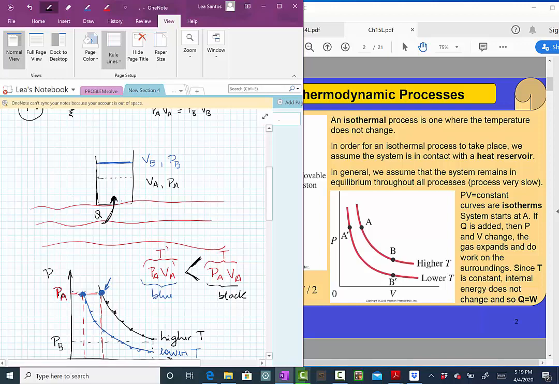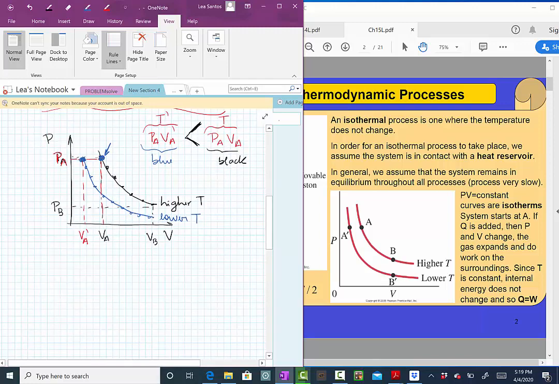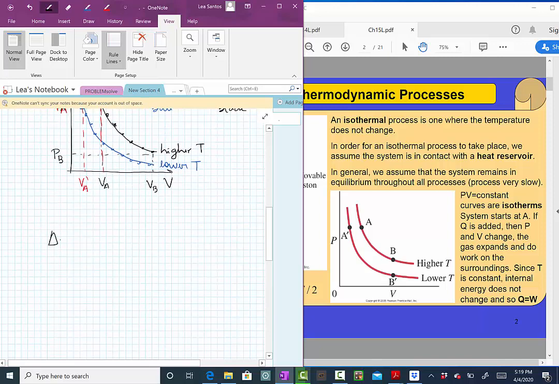So if we go back to the first law of thermodynamics, what would we say? Well, delta U, the change in internal energy, is Q, the heat being added by this enormous reservoir, minus the work being done by the system. That's the equation for the first law.